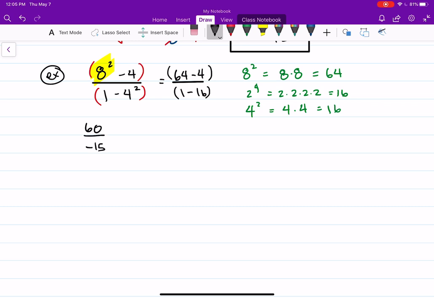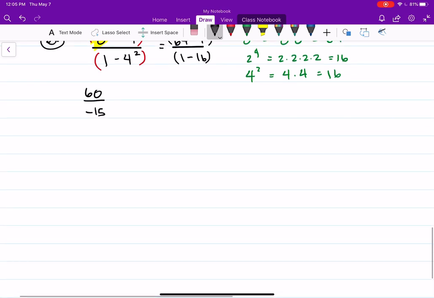Now I can divide. 60 divided by 15 is 4. And we use SPAWN. SPAWN says the top number is positive, the bottom number is negative, so my result is going to be negative. 60 divided by 15 is 4. So therefore, that is my answer.